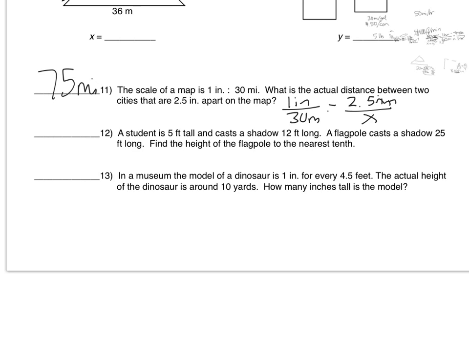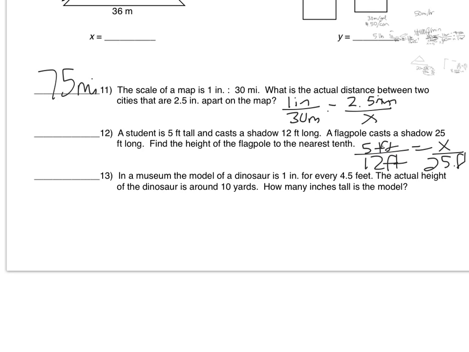For number 12, we have a 5-foot student over a shadow that is 12 feet long, and then we have a flagpole. We don't know how tall it is, but it casts a 25-foot shadow.